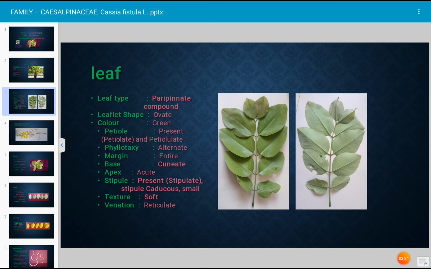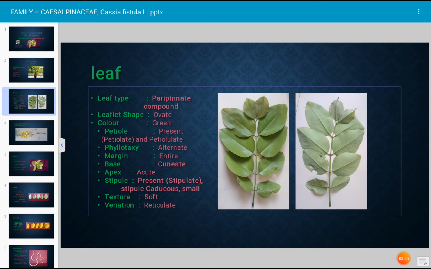This is the front side of the leaf shown in the photograph, and the back side of the leaf is also shown. The leaflets are opposite to each other on the rachis of the compound leaf, and there is variation in the shape and size of the leaflets. The leaflet shape is ovate and the leaflets are green in color.